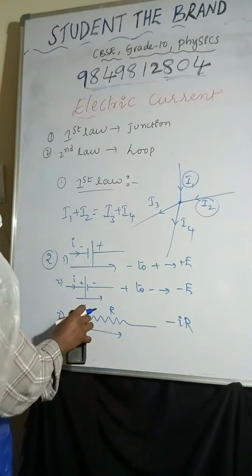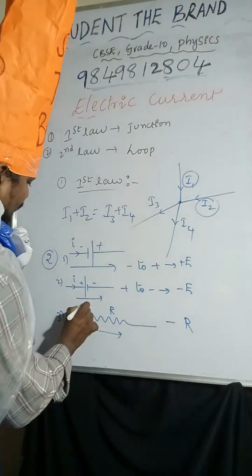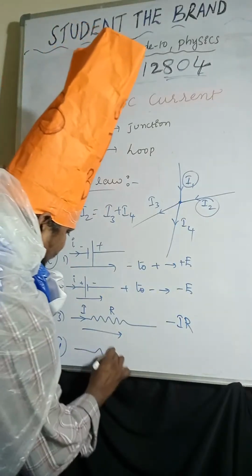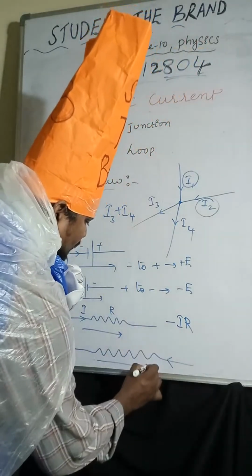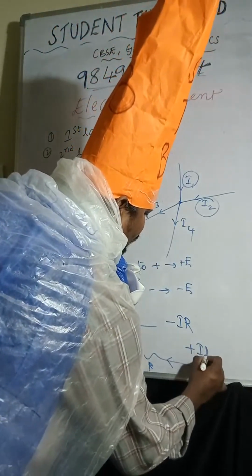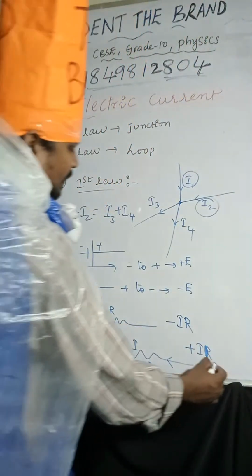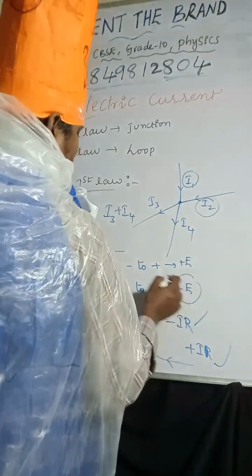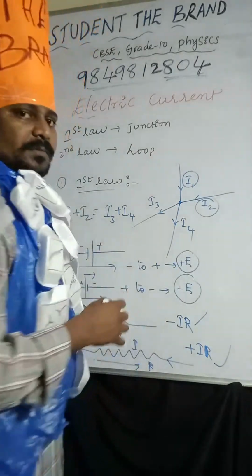And the fourth one, this is the resistor and this is the current. If you take the path opposite to the current direction, then IR is positive because potential is increasing. Potential is decreasing when you move from positive to negative, so EMF is negative. When you move from negative to positive through the source, EMF is positive.